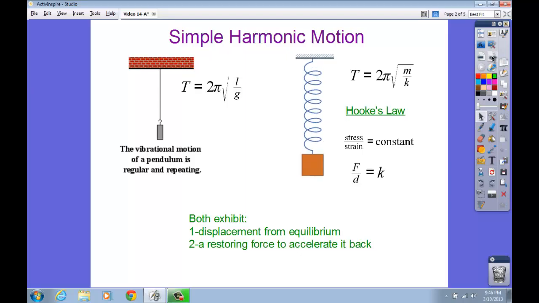And the k in that equation, again from last chapter, is from Hooke's law. It's the stress, or the force applied to the mass, over the strain, which is how far it is displaced, equal to a constant. That constant is called the spring constant. So as we said, both of these exhibit displacement from equilibrium and a restoring force to accelerate it back.